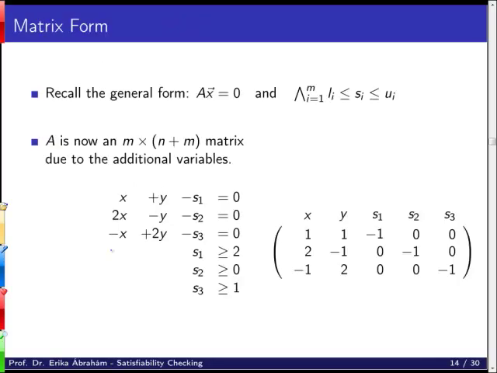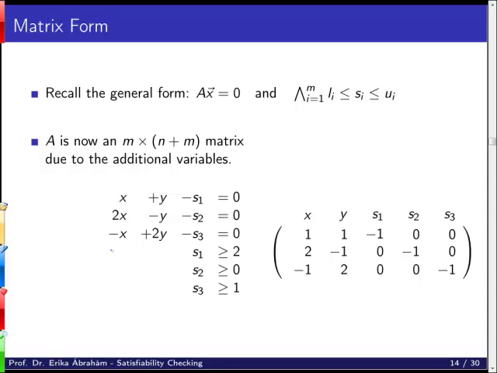How do we do this? Firstly, we introduce a new notation for this equality system. If you look at this equality system with the bounds on the new variables, then we can put it into this matrix form. That means basically that this matrix multiplied with this column vector equals 0. And I have additionally these bounds.